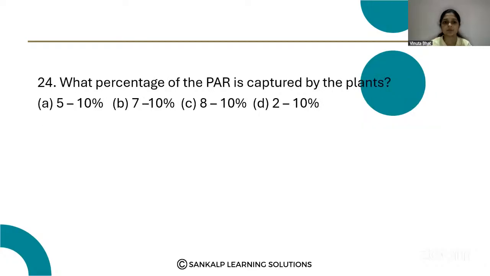Next question. What is the percentage of photosynthetically active radiation captured by the plants? So, look, there is solar light that falls on the plants, but photosynthetically active radiation means that which is suitable for photosynthesis is captured by the plants.